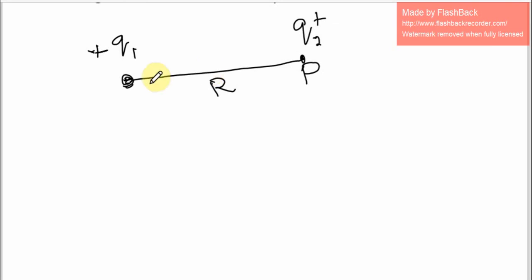and if you cut this string with a scissor, what happens? They fly apart from each other. I have to do work there, and that is called the electrostatic potential energy.